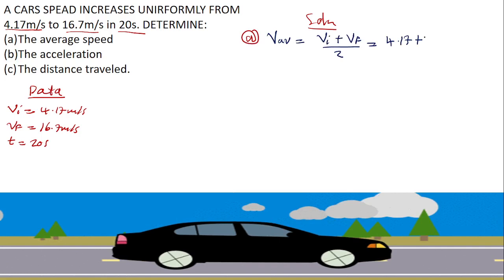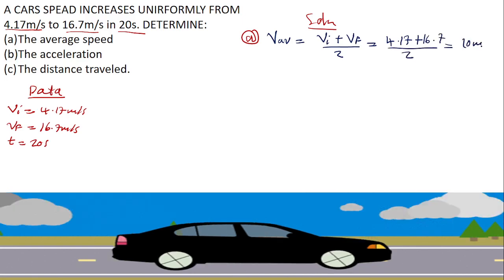If you work that out, it's going to give you the average velocity to be 10 meters per second.